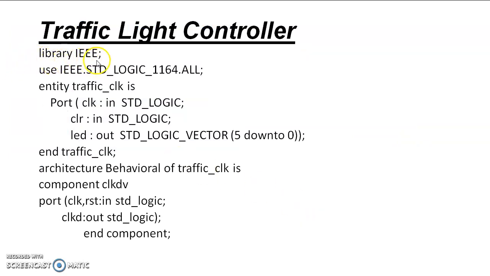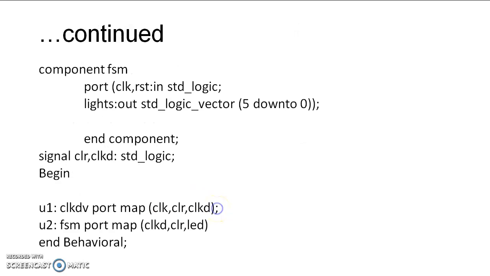First, we have to include the library IEEE, then the package std_logic_1164.all. Here, the inputs are clock and clear, outputs are 6 LEDs, so represented as 5 down to 0. Here, component clock divider is required to reduce the clock frequency of the target device.